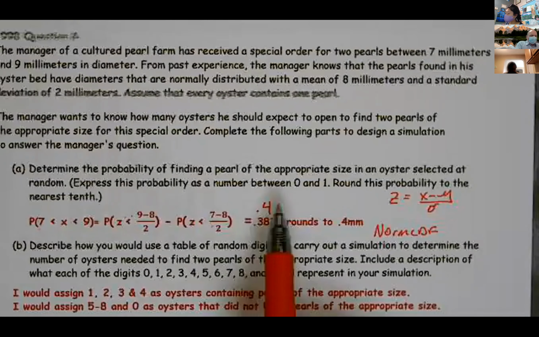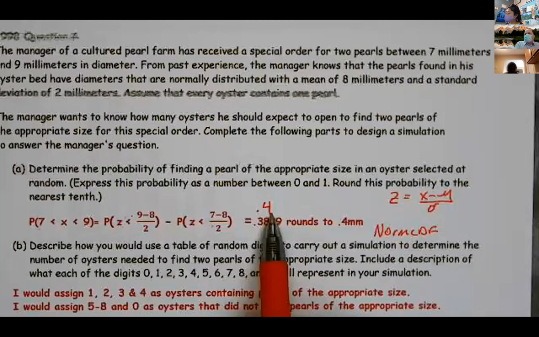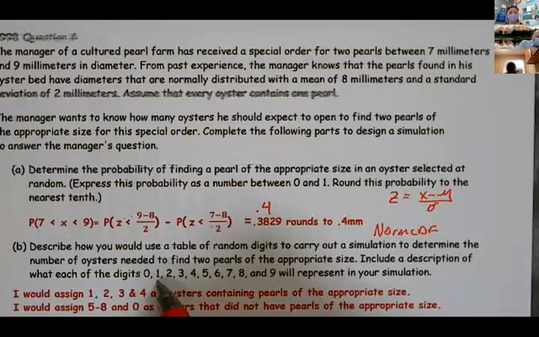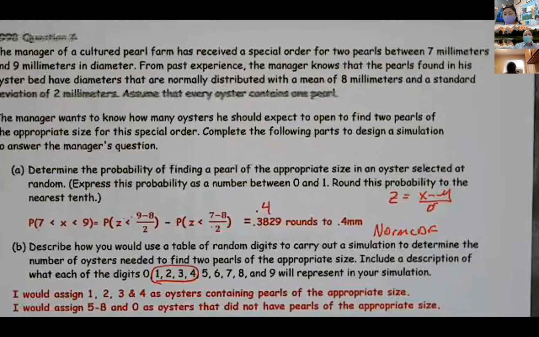Well, first off, this was really nice of them to have us round it to 0.4, because that means I can use 1-digit numbers. Basically, I need 40% of my numbers, and right here I have 10. And I just said, you know what, that's 4. I'm going to circle those 4, and those 4 are going to be the ones that I say are oysters with the appropriate size.